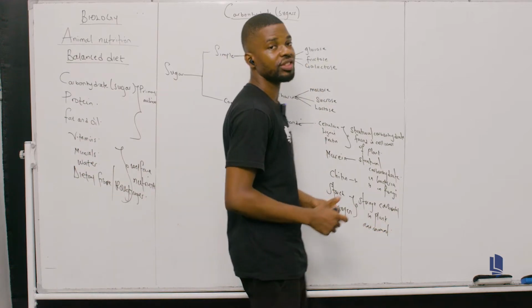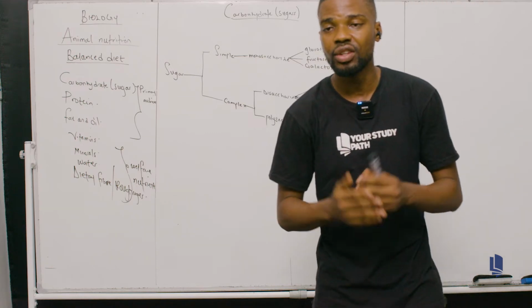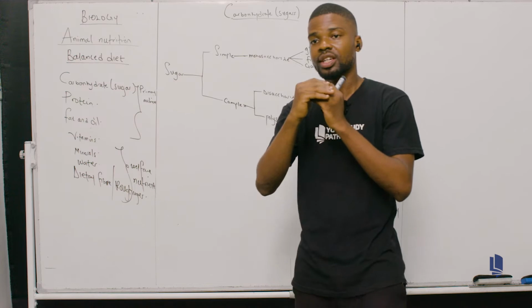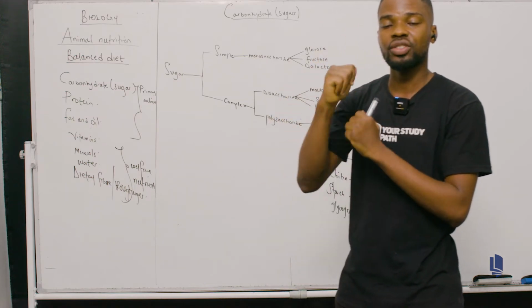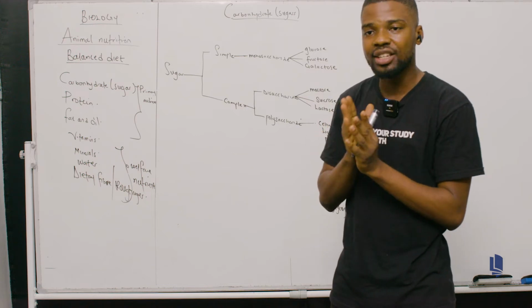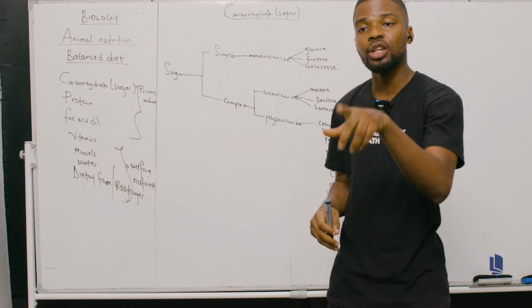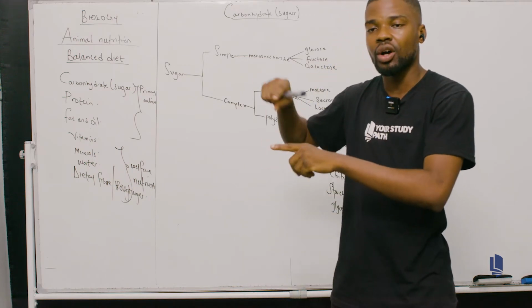When I was teaching photosynthesis, I said if the primary product was glucose, then the secondary product will be starch, because plants store their carbohydrate as starch. We as animals store carbohydrate as glycogen. Where do we store it? It is stored in the liver.